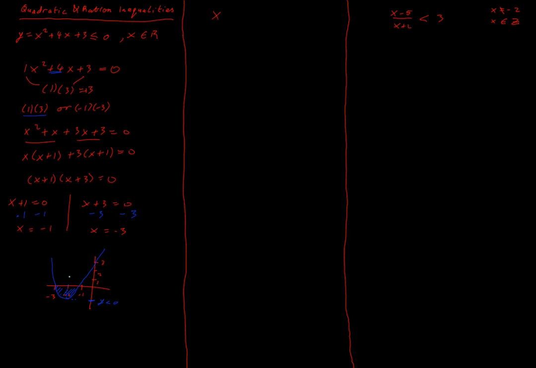I'm looking for x greater than or equal to -3 and less than or equal to -1, because I want this blue region in here. It's important to be able to write your answer out in that form.